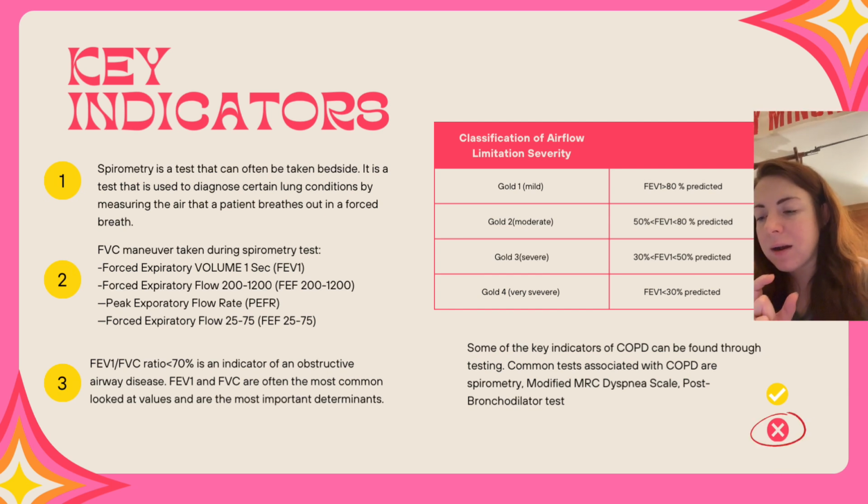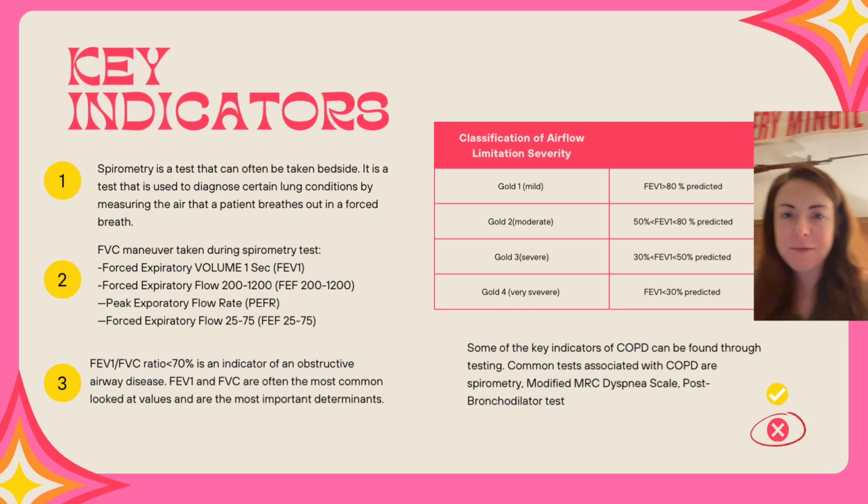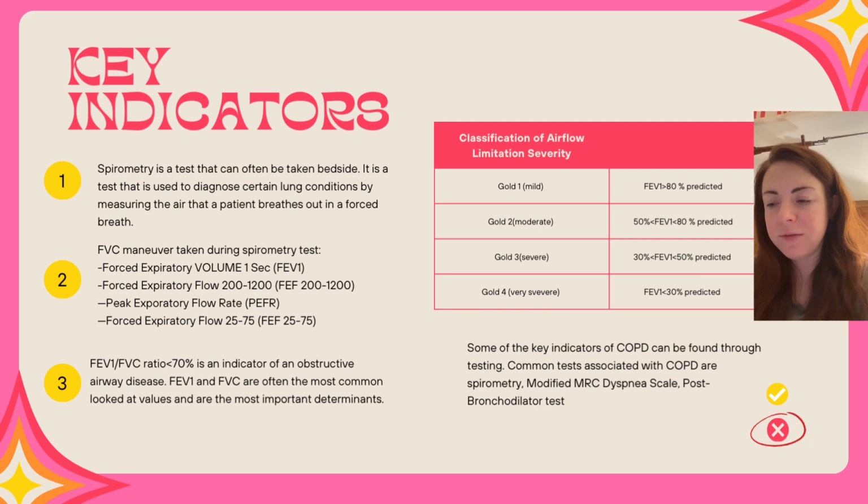For severe, it's usually 30 to 50%, less than 50% of predicted. And then GOLD 4, very severe, is going to be less than 30% predicted. So, yeah.